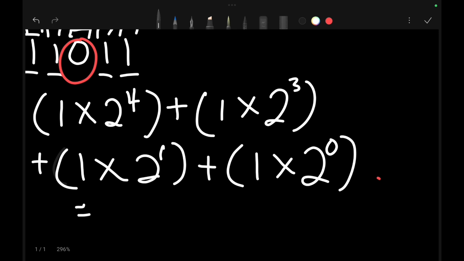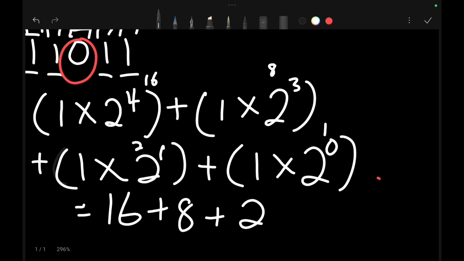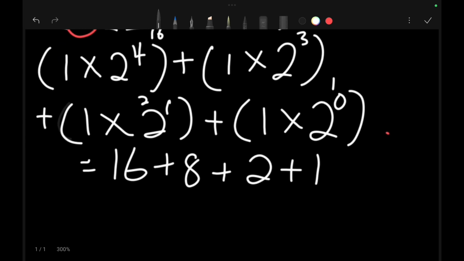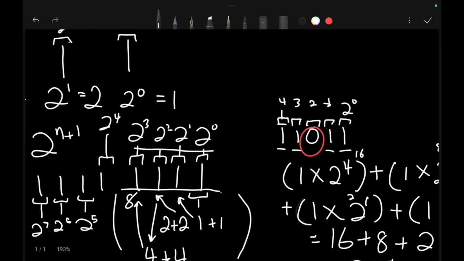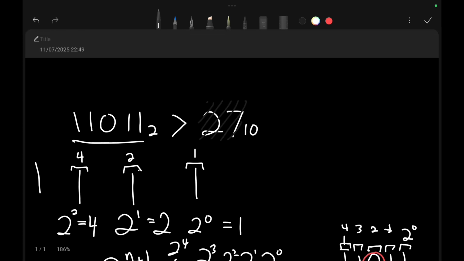So this one is 1, 2, 8, and 16. So 16 plus 8 plus 2 plus 1 equals 27. Perfect, the same as the one that we got just now.